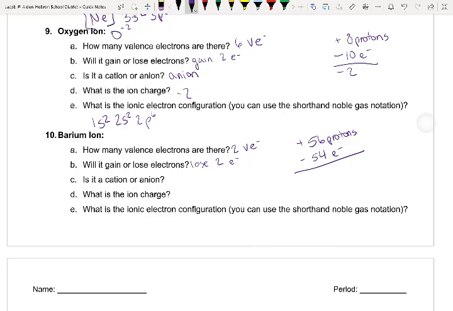Again, if you do the math here, then you'll find that it will end up being positive. So positive, it is losing those electrons, so it is a cation. The ion charge is that +2. So we know barium, Ba +2.